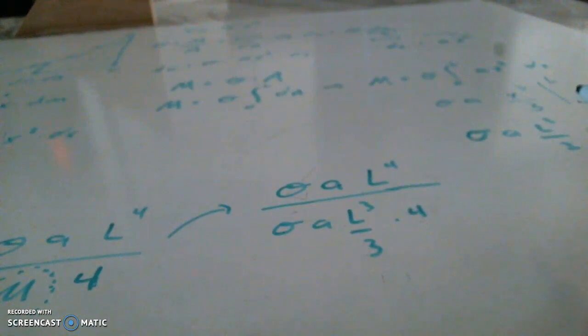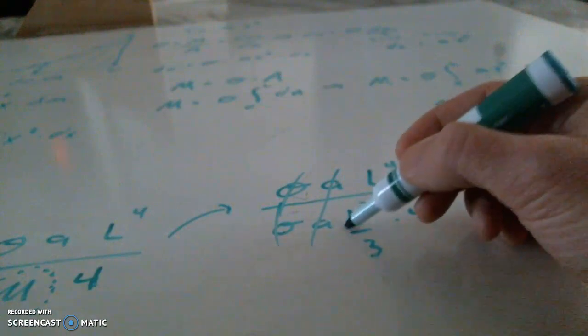So now to clean this up a bit, you all know that those sigmas die, those A's die. This L to the third kills all of those except one L. And what I'm left with is L over 4 over 3, which you all know is, whoops, I almost said 4/3.